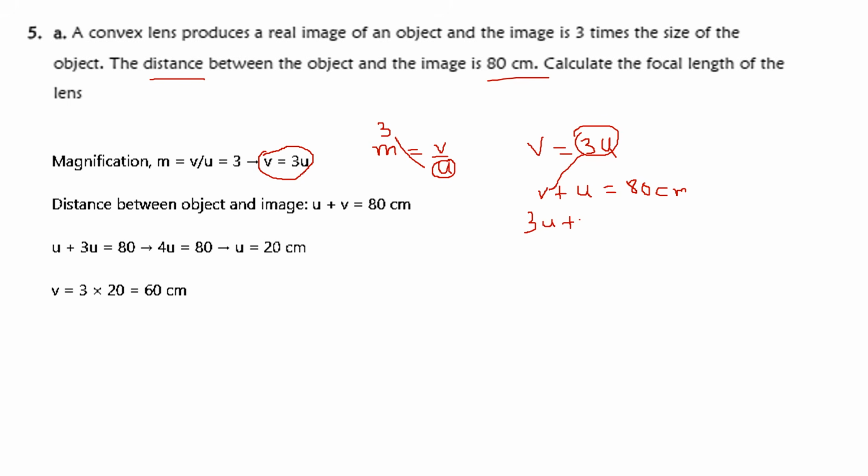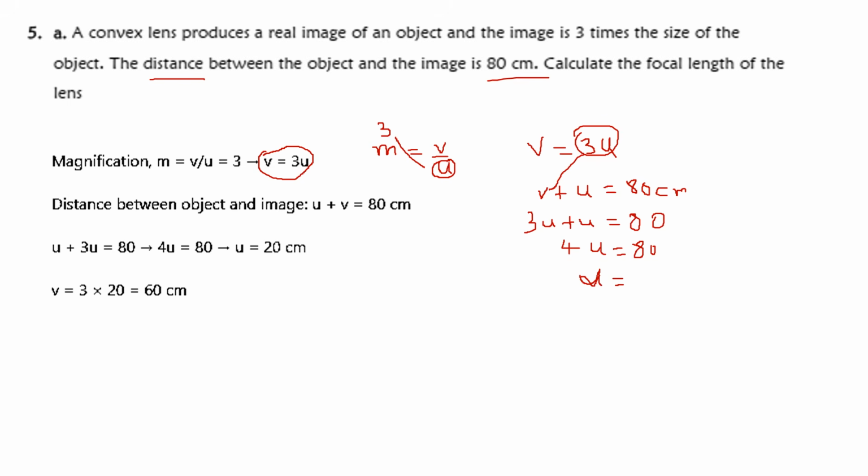which means that U is equal to, sorry, this must be U. The object distance is going to be equal to 80 divided by 4, which is 20.